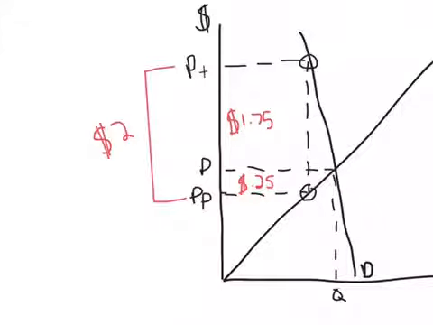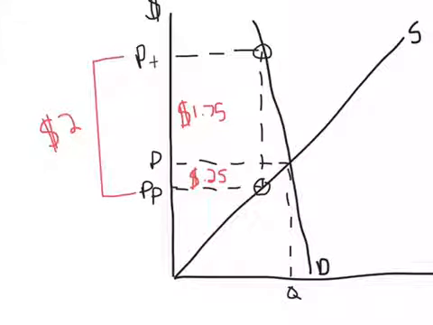This is still all the tax revenue going to the government, but only this much is being paid by the consumer, and this is being paid by the producer.